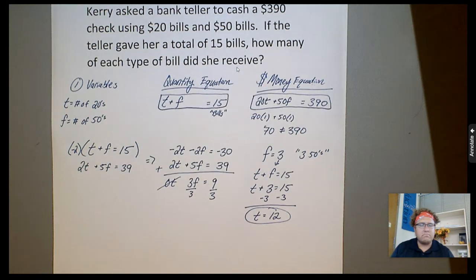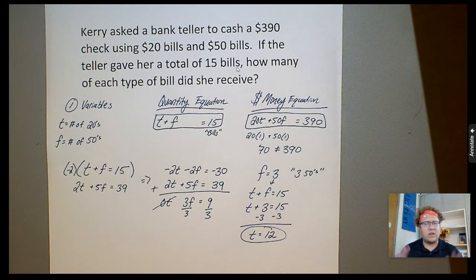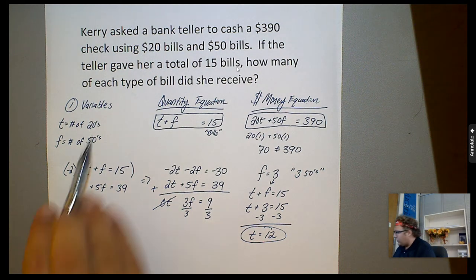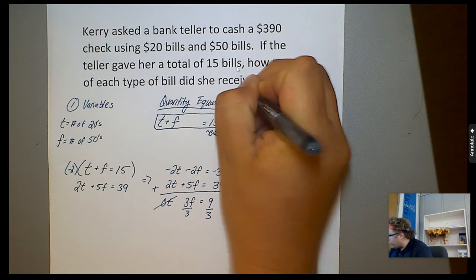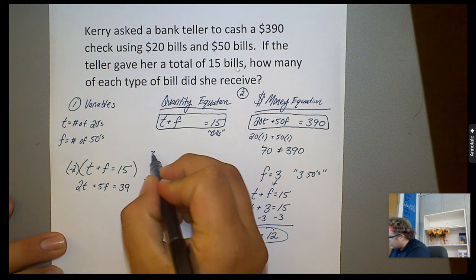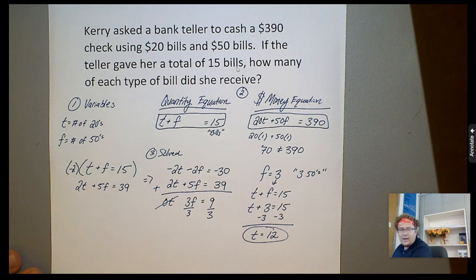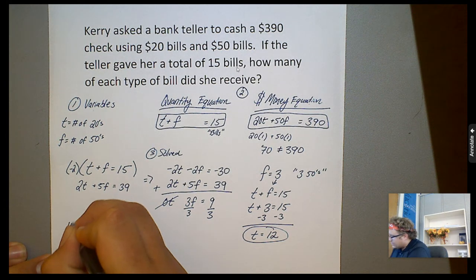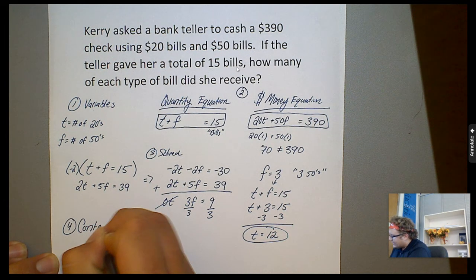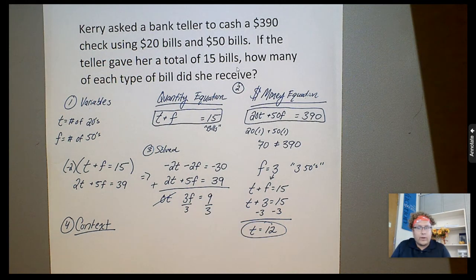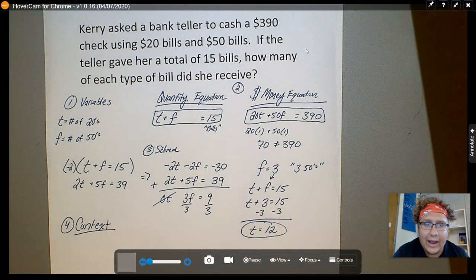At this point, a lot of students decide to wipe their hands and say, I'm done. Algebraically, you're done, right? You found your variables, you found your equation, you solved the equation. But I like to say there's a fourth step, and that is context. We need to let the reader know. Look back at this question. How many of each type of bill did she receive?